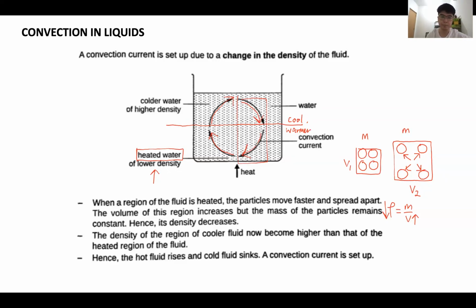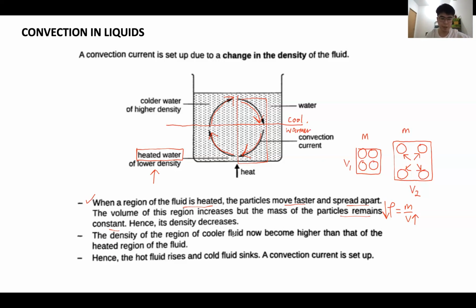Right. So what we have here: when the region of the fluid is heated, the particles move faster and spread apart. The volume of this region increases, but the mass of the particles remains constant. Okay, this is the explanation. If they ask you why hot air rises and cold air sinks, this is the explanation. You talk about the density.